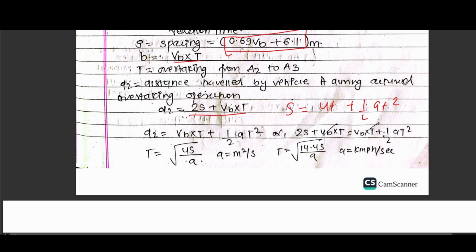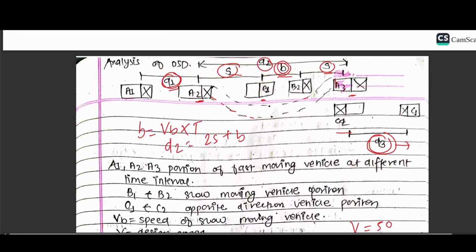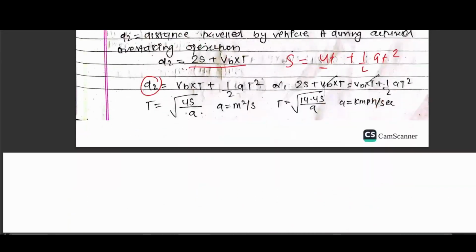What will be my velocity? My initial velocity will be vb, because I'm moving with the velocity of the slow moving vehicle. As in the assumption, I stated that I'll be reducing my speed to the velocity of the slow moving vehicle b.